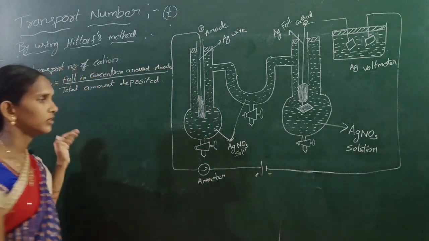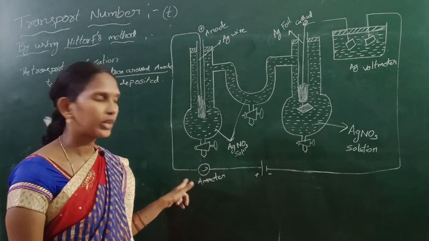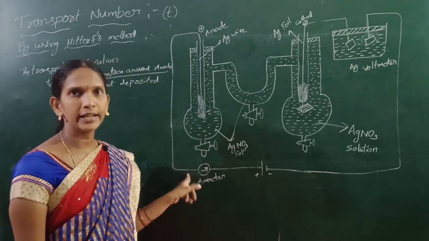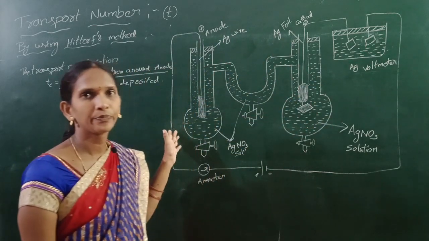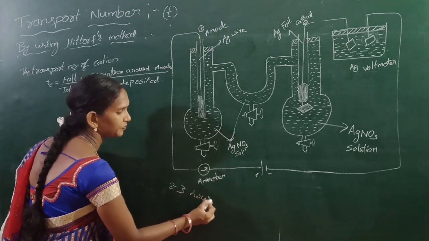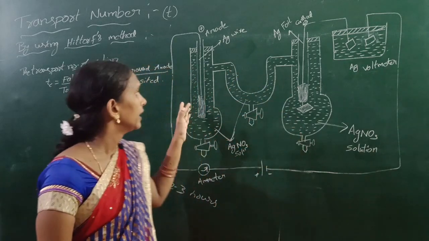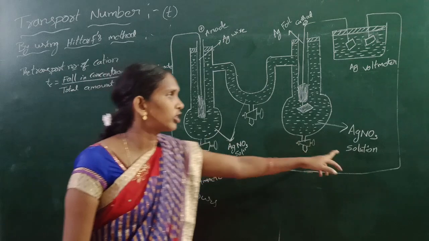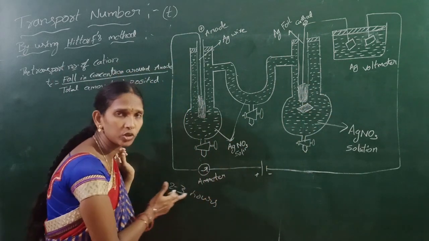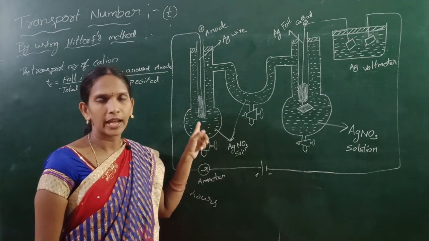Next, the procedure. Now we apply the current; this is the ammeter. We apply the current to the whole apparatus for 2 to 3 hours, then the ions move. The apparatus consists of AgNO3 solution.